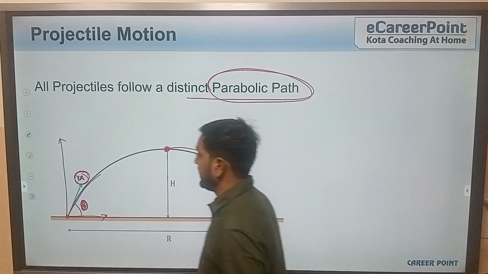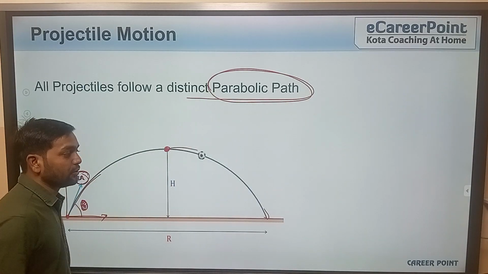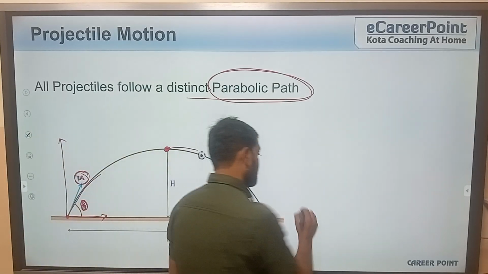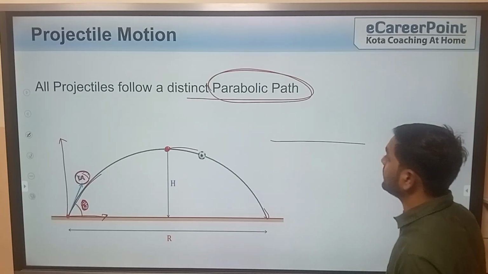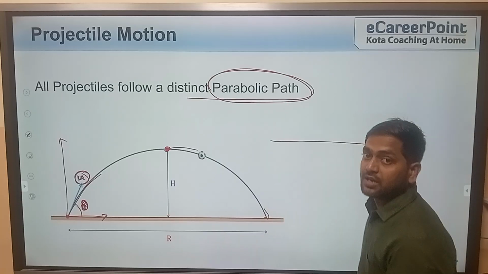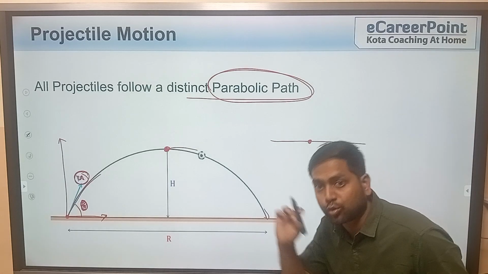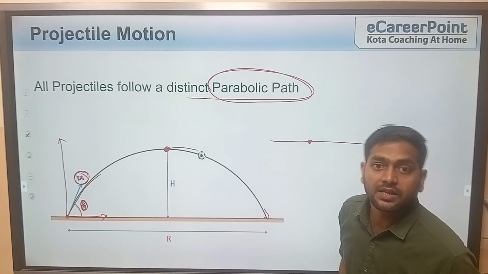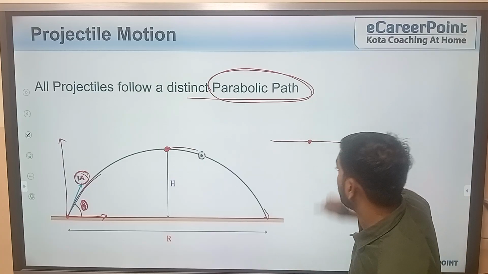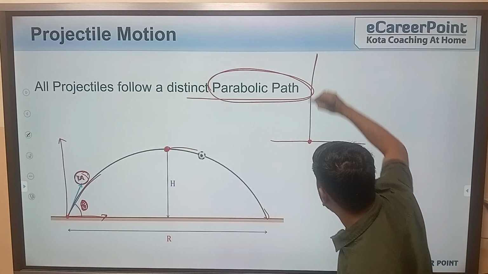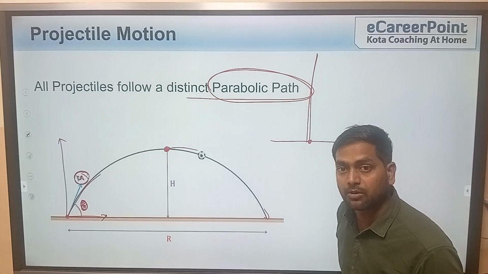Let us take this angle theta as 90 degrees. If an object is thrown with a certain velocity at 90 degrees, this object will move upwards and come back to the same position. Yes or no? Yes.